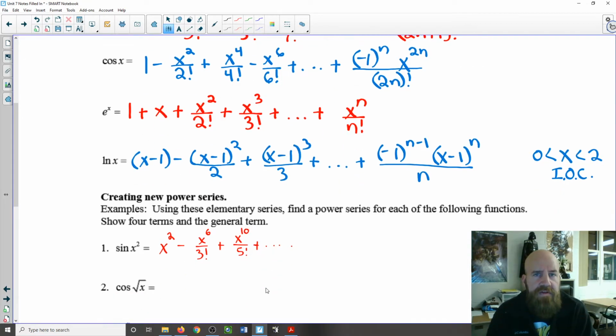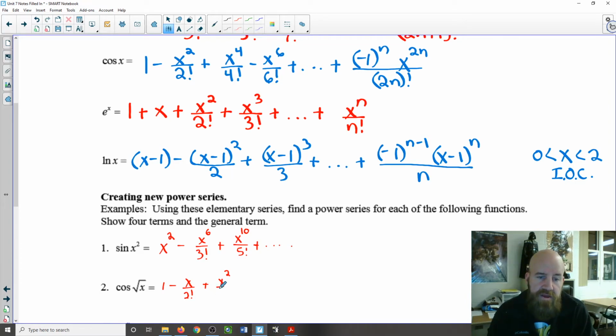So now we do the same thing with cosine. Cosine, we're going to be able to plug in our square root of x instead of x's. So first term still stays 1. Second term is going to be just x. Third term is x squared.